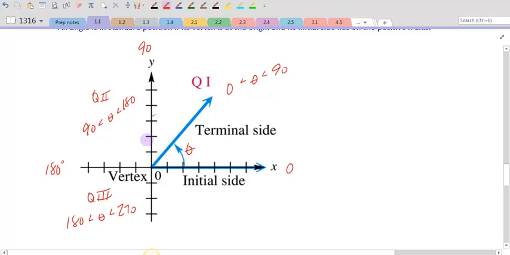So if my angle were to travel all the way down here and stop, say at that point, we'd be at 270 degrees. And then finally over here in the fourth quadrant, we have angle values that are between 270 and 360 degrees, because if I were to rotate all the way around in a circle and end back here on the x-axis, that is also 360 degrees to go in a complete circle.